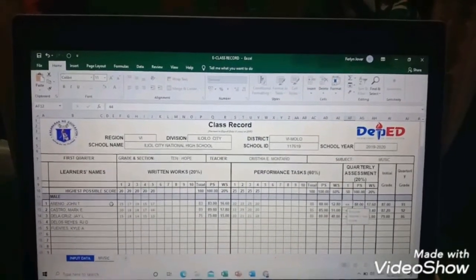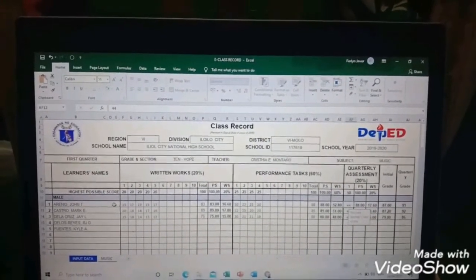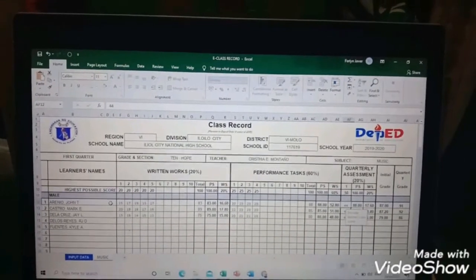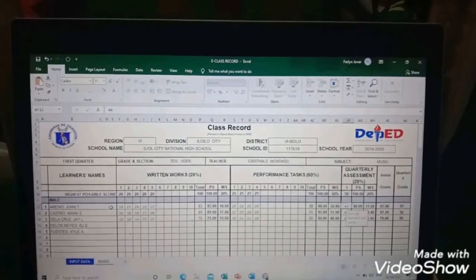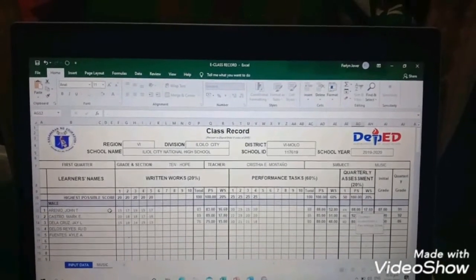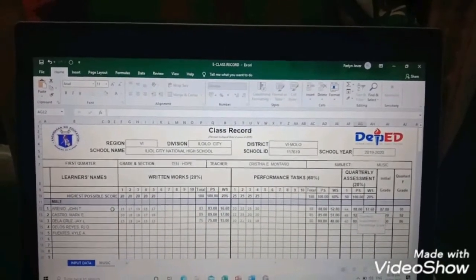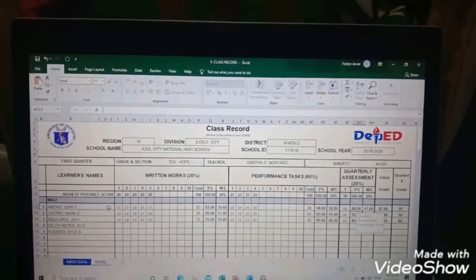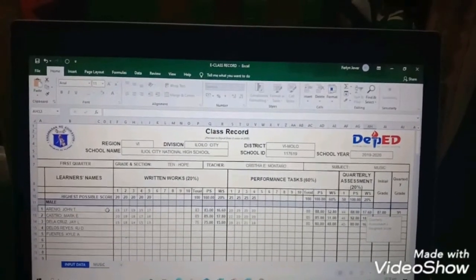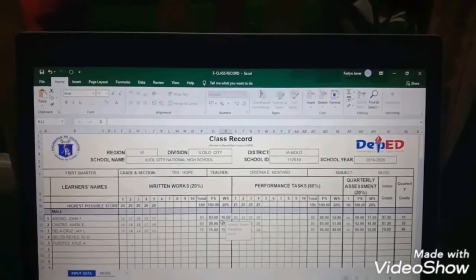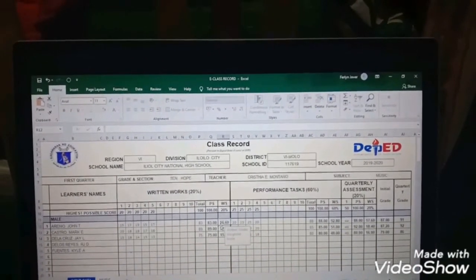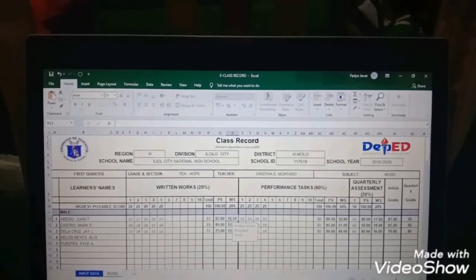44 divided by 50 equals 0.88, multiplied by 100 equals 88.00, and multiplied by 0.20, he got 17.60. So we will add his weighted scores. In written works, he got 16.60.